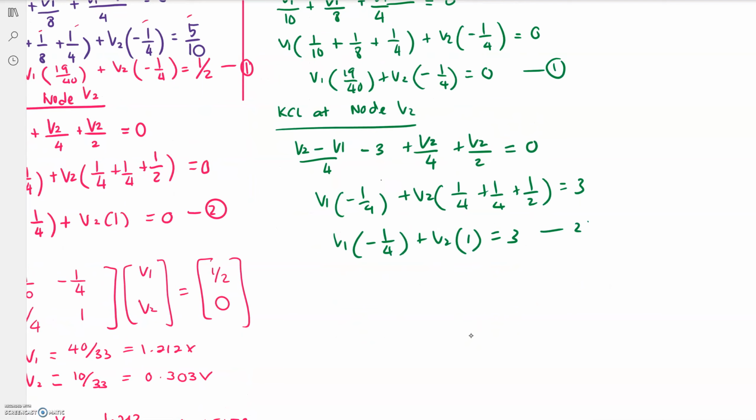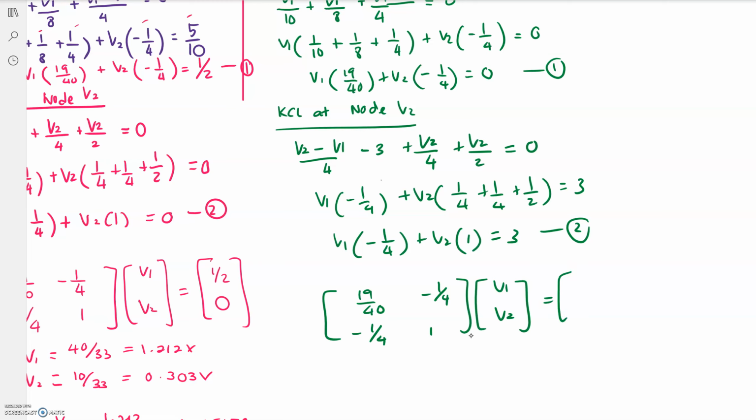Substitute these equations into the matrix form and solve using the calculator. V1 will be 20 over 11, which is equal to 1.82 volt.